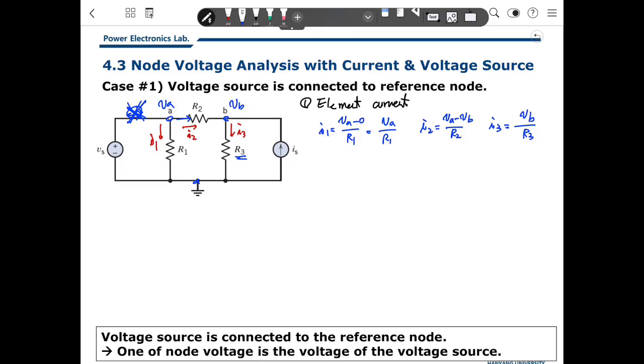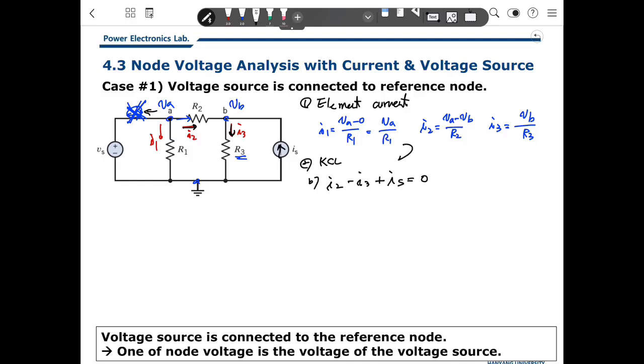Then we will use KCL. We will not do it at node A, because we cannot calculate the current that way. So first we use node B. This is I2, this is out of node B so minus I3, and this is IS, plus IS will be 0.